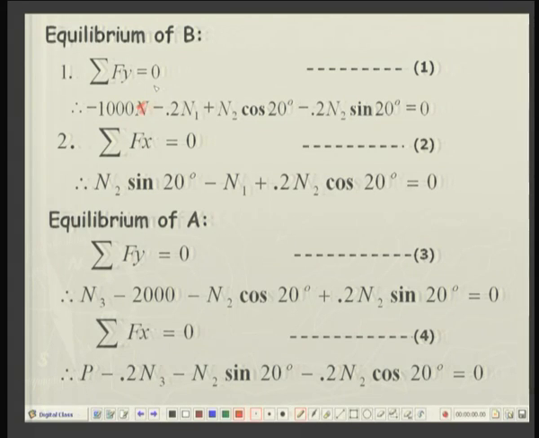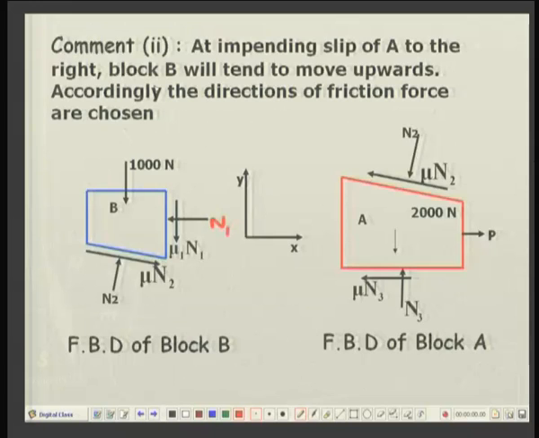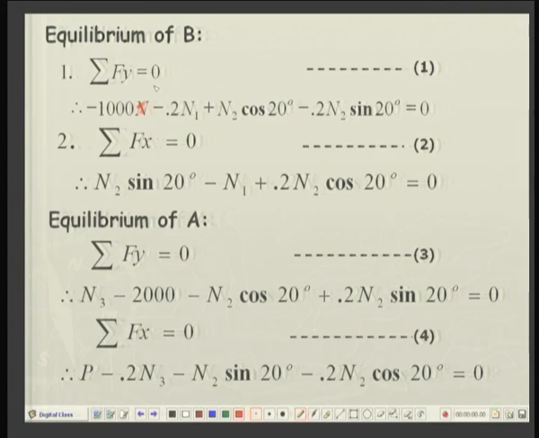And this is sigma Fx. Then we consider the horizontal components. There is N1 here, and mu N2 times cosine 20 is the horizontal component, again N2 times sine 20 degrees will give me a horizontal component. So, that is equation number 2.